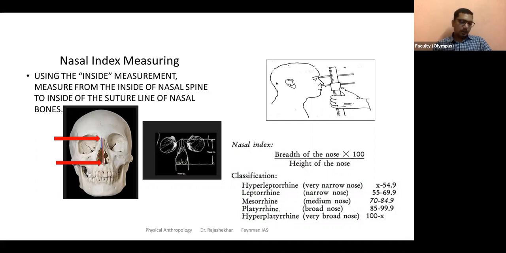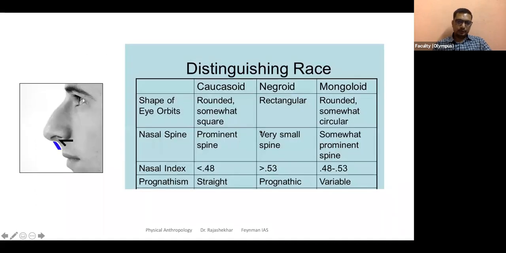So how are they present in what groups do we normally notice it? If you see it here, the nasal index. Usually Caucasoids tend to have leptorrhini, narrow noses, below 0.48.